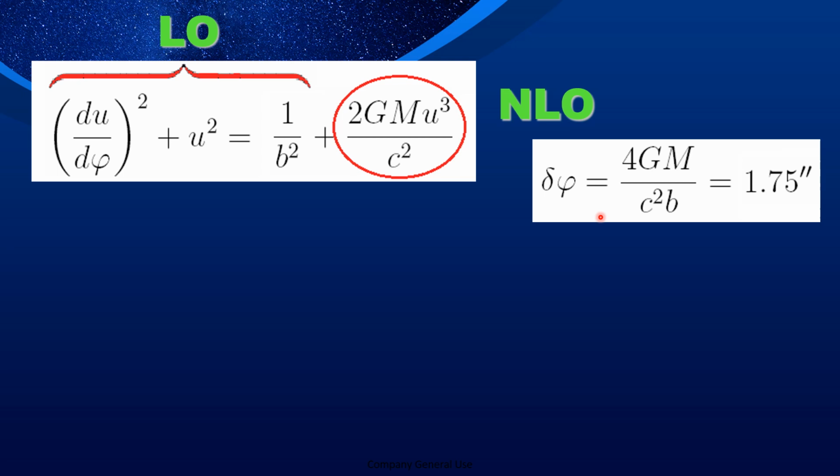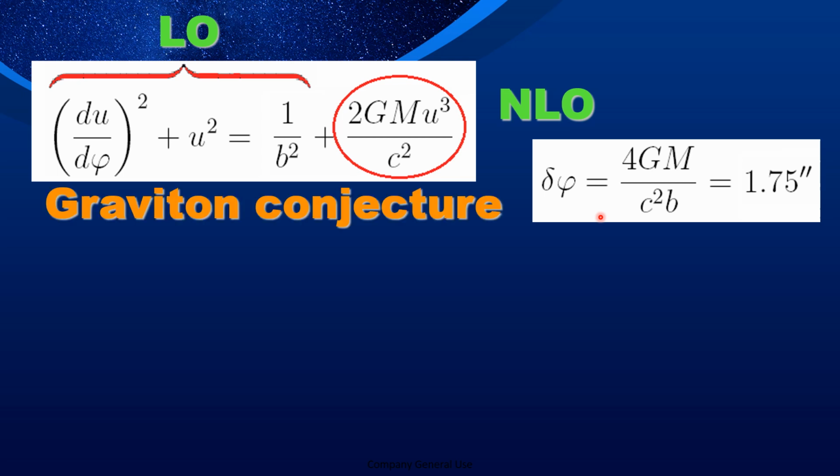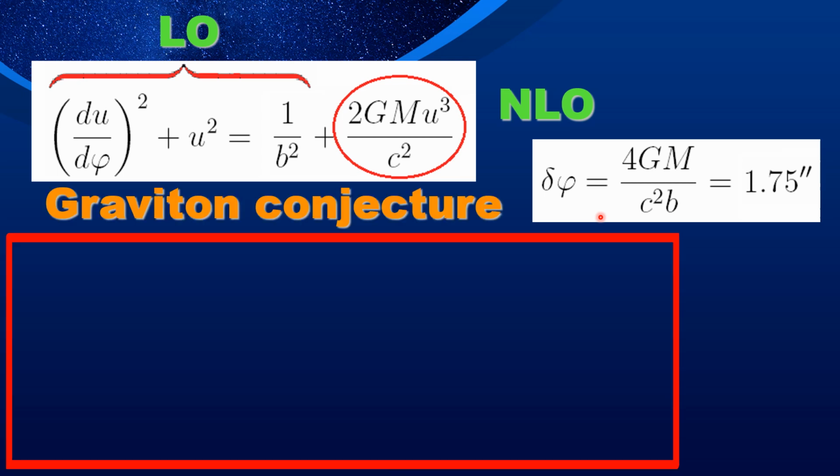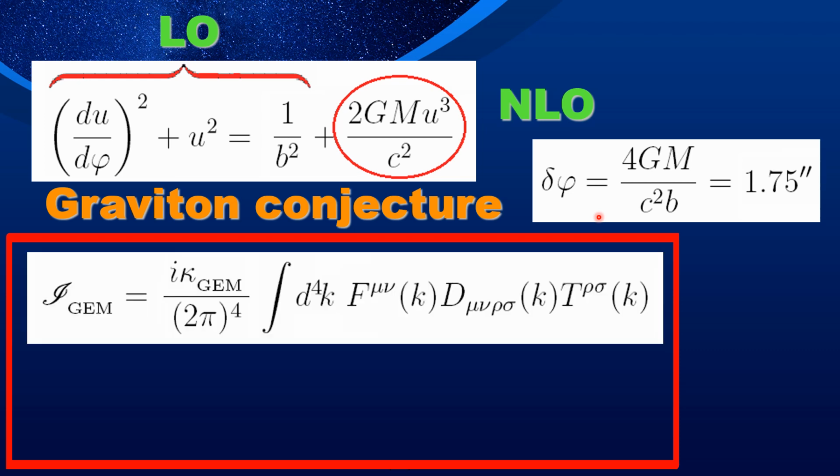But what we have to expect now, because of the extra deflection, the bias in the deflection we observed in the former slide, is, via the graviton conjecture, a new model based on a quantum approach to gravity.